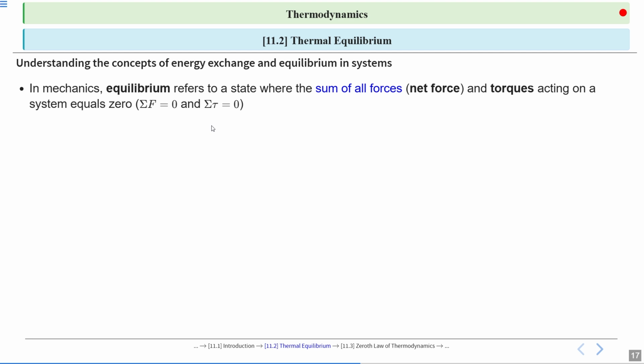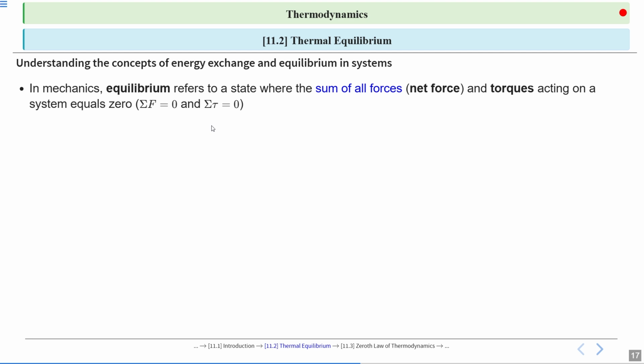Mathematically, summation F equals 0, net force equals 0, and summation tau equals 0. It means net torque is equal to 0. So this is all about equilibrium in mechanics.